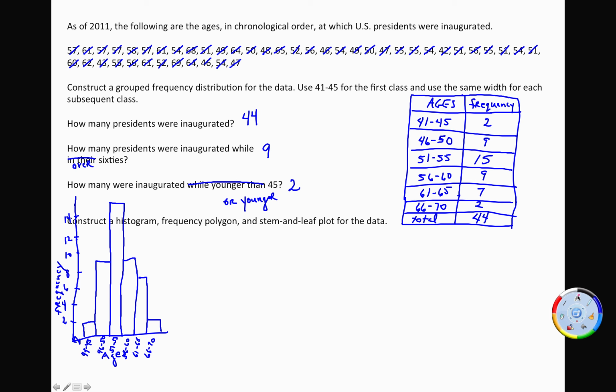Okay, so for my frequency polygon, we're just going to imagine, because this was really difficult for me to do sideways, so this blue part is going to stay the same. The only difference will be, instead of a bar that goes that high, I will put a dot at the center.